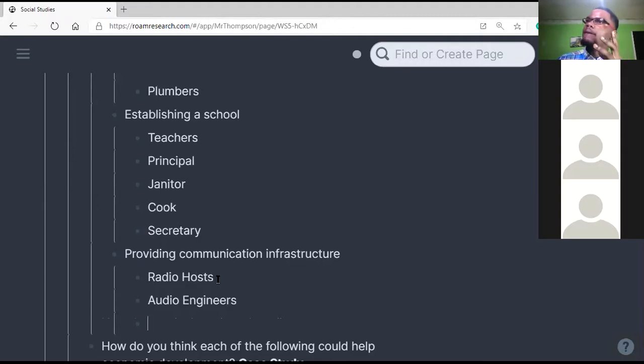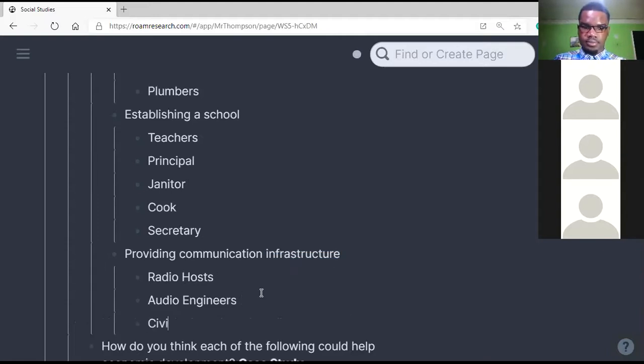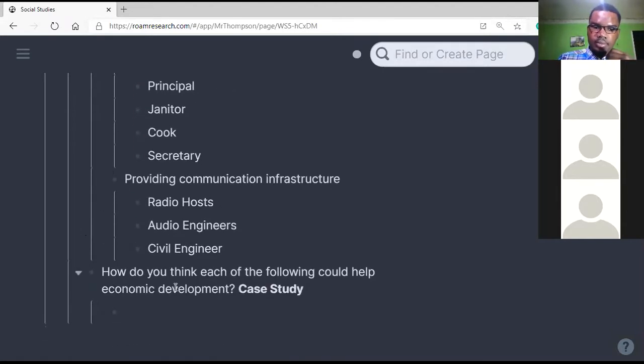On the whole, you could just say engineers because it's not only auditory. You would need to design a system for that infrastructure, so you'd need a civil engineer, and the list goes on. But I just want to give a few examples.